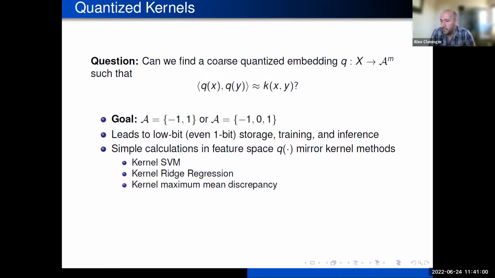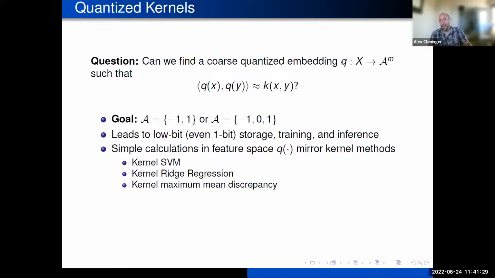So here's my question. I want to build features of my data point such that when I just take inner products of one data point and the other, I get this kernel, or approximate it. I want to understand this nonlinear relationship between points, but without having to do all pairwise distances.